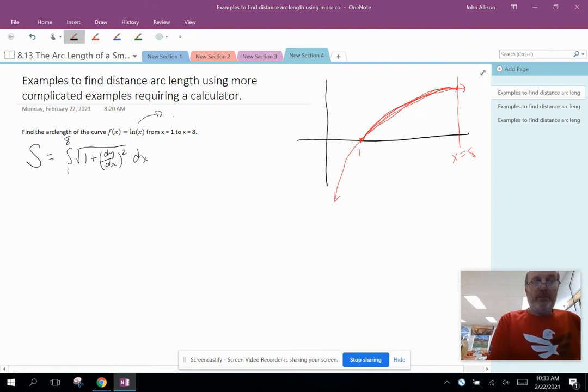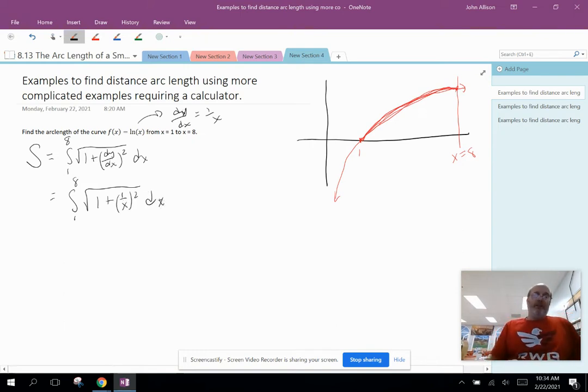And we also know the derivative of ln x, dy dx here, is equal to 1 over x.